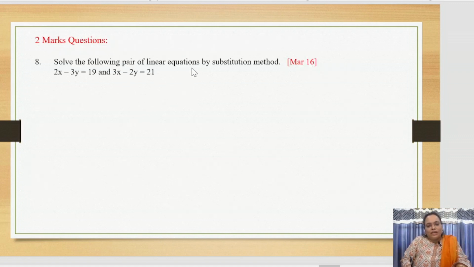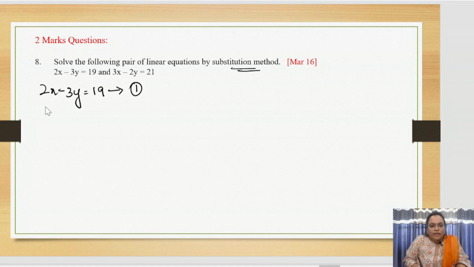Solve the pair of linear equations by substitution method. So we need to solve these equations by substitution method. Let us take 2x minus 3y is equal to 19 as equation number 1 and 3x minus 2y is equal to 21 as equation 2.